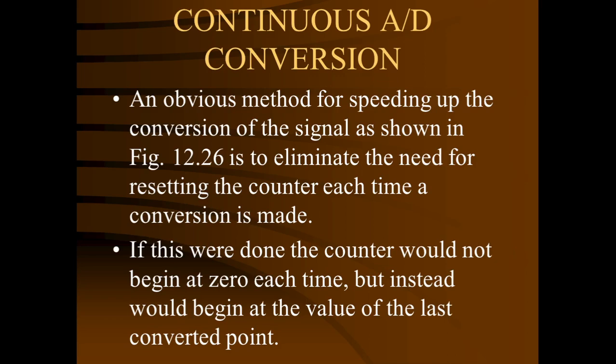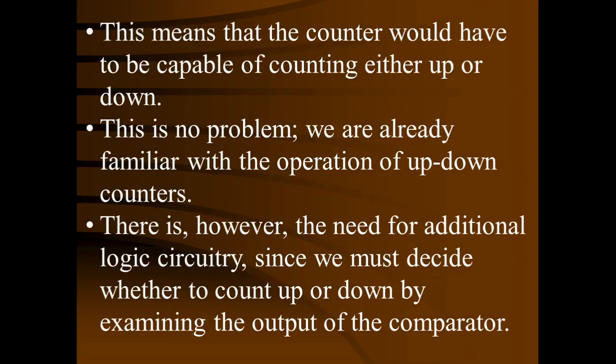So it will start from wherever the counter was, in whichever state it was. From that state, it operates either in count up mode or in count down mode. An additional control circuit is required here to decide, from the last state, whether the counter has to count up or count down.